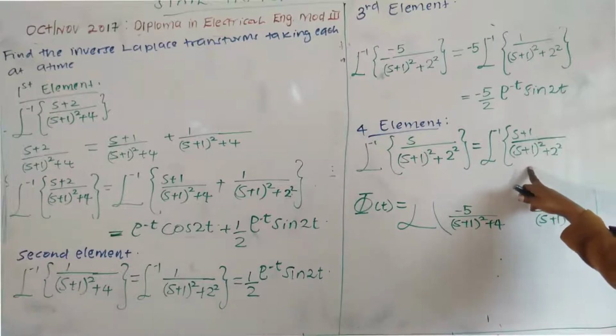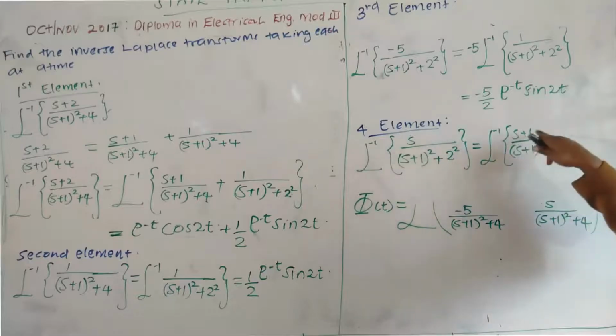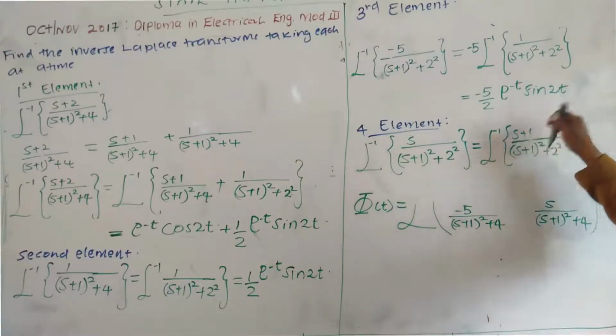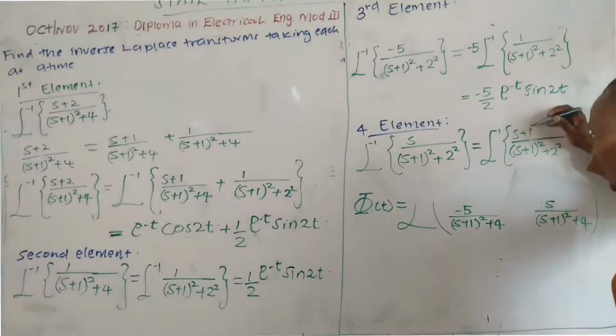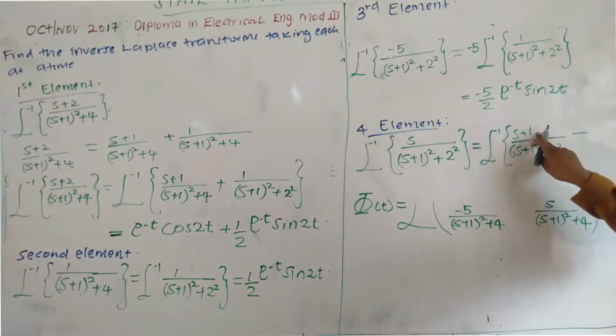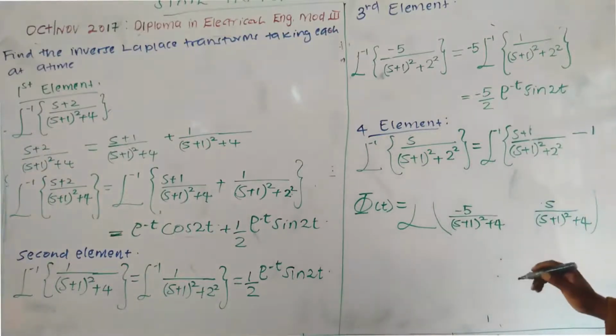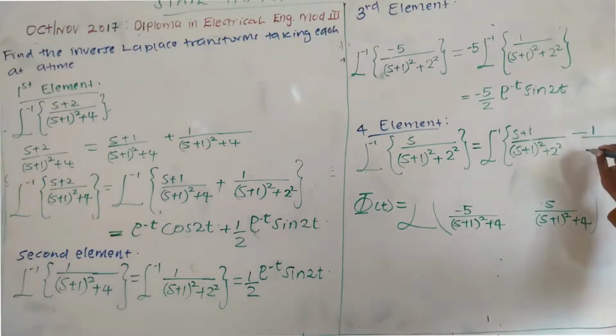But what have I done? I've messed up, because here there was no 1, but I've introduced it. I can take care of that by taking it away again. They should share the denominator, which is (s plus 1) squared plus 2 squared.